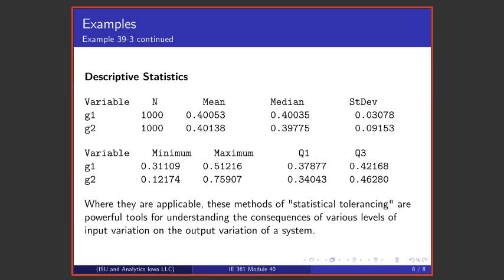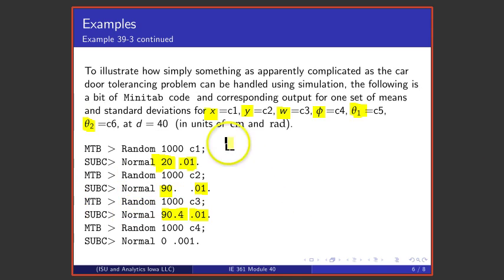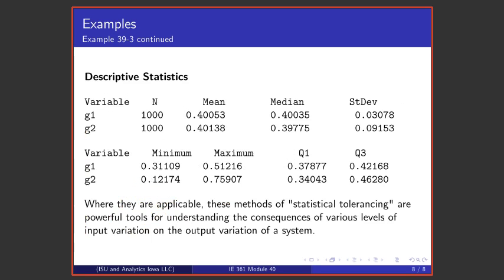And for the particular kind of tolerance budget that was implied by these means and standard deviations in the simulation, the average gap number 1 is about 0.4 inches, average gap number 2 is about 0.4 inches. You can see that gap number 2 is more variable than gap number 1, and if you go back and look at the geometry, that's perfectly plausible.